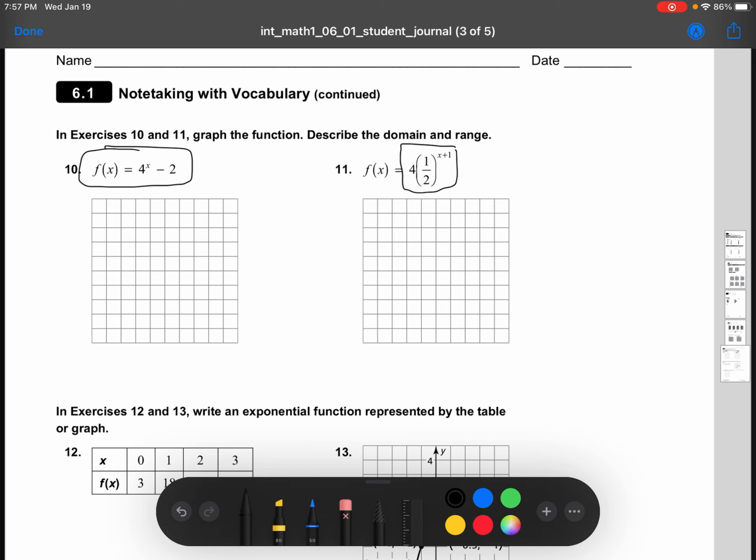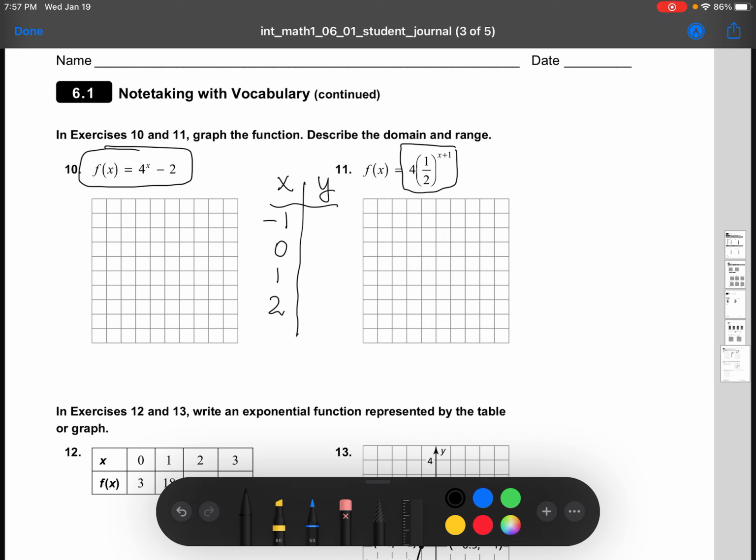Just as we mentioned last time, in order to graph an exponential function, we will need to make a table, and we will have at least 4 values. We are going to evaluate the function at these 4 values: -1, 0, 1, and 2. So let's begin with exercise 10.